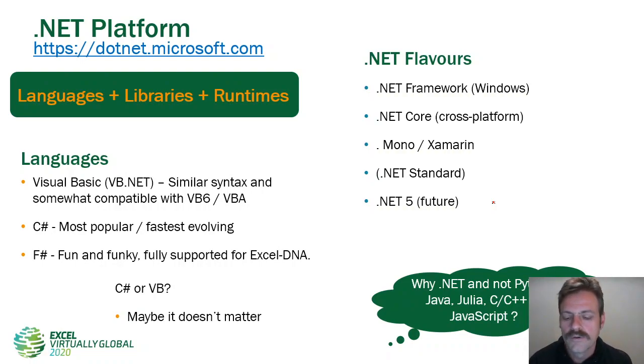So the .NET platform was announced in July 2000, that's 20 years ago exactly, at the Professional Developers Conference. And it was Microsoft's successor in a way, or replacement, for Java and the Java runtime.